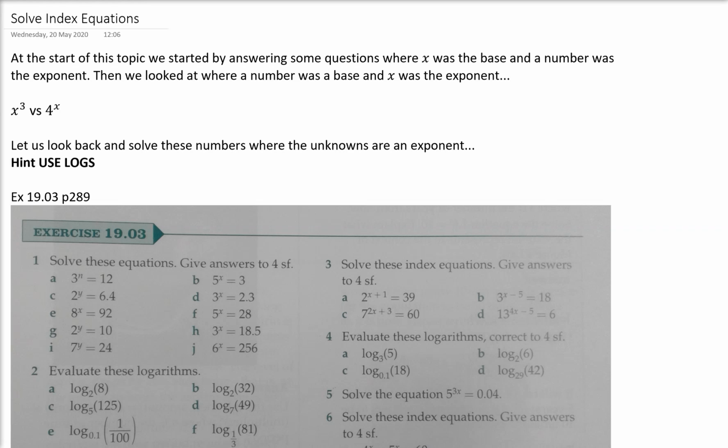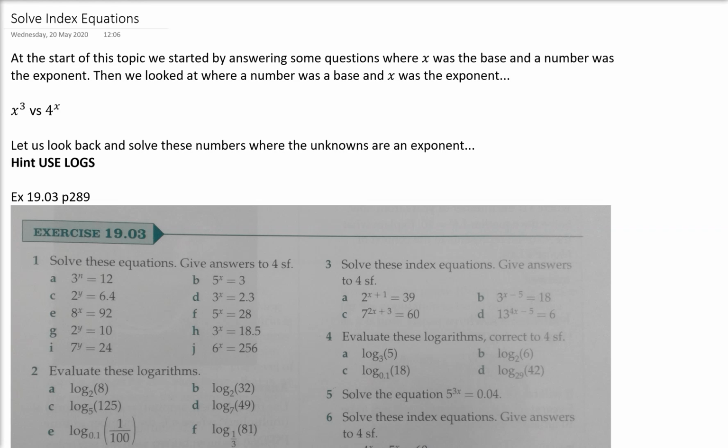So at the start of this topic, we started answering questions where x was a base and where x was an exponent. Okay, that's what we're going to start looking at today, which ones do we use and when. Remember, when x was the base, you found the answer using the square root, the 3rd root, the 4th root, a method called the nth root, n being whatever the power was.